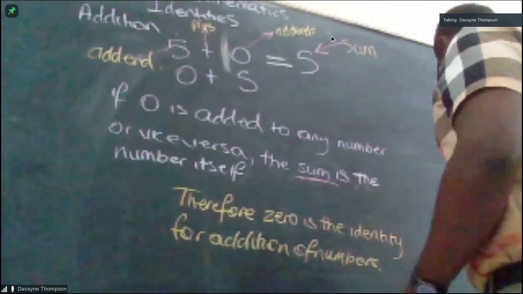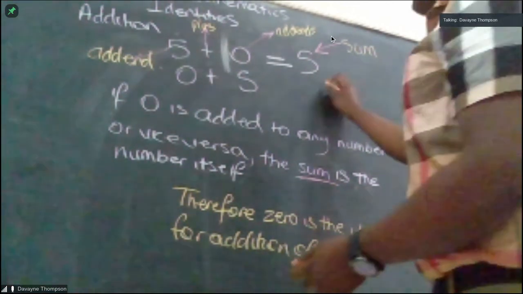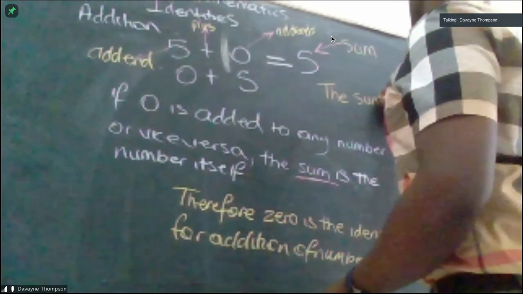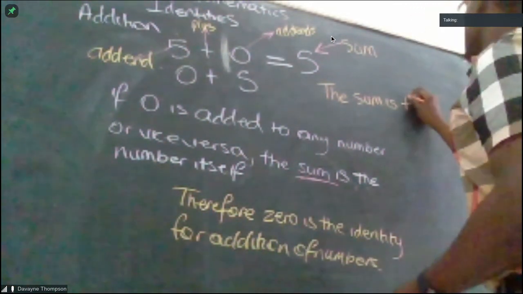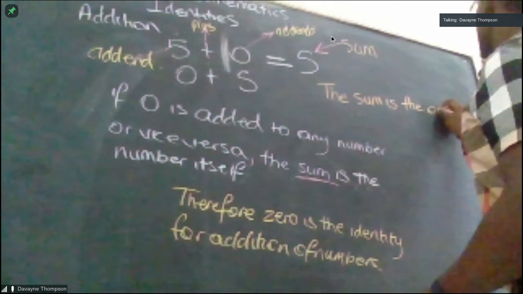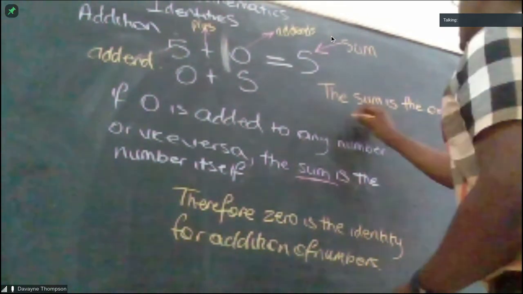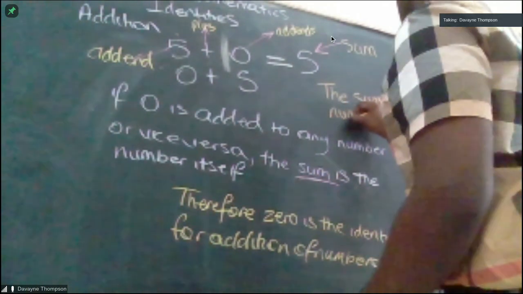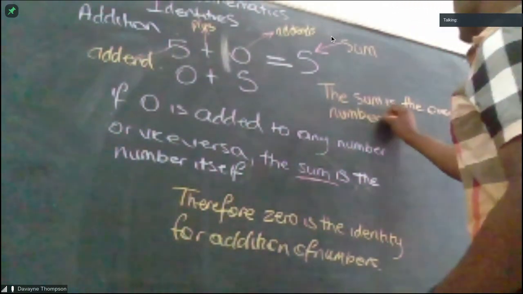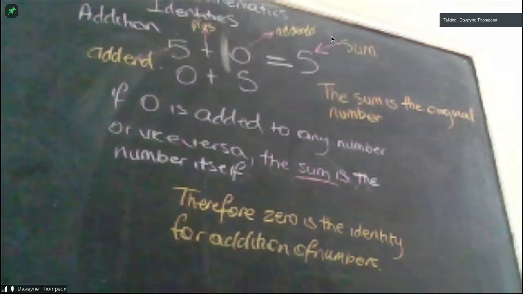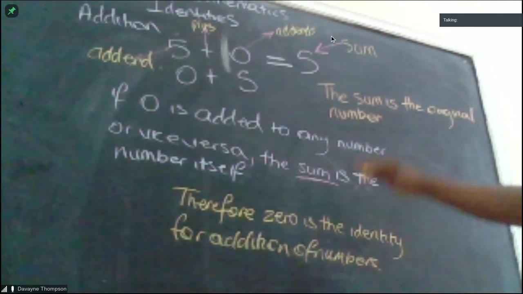The sum is the original number. Okay? Everybody understand? Yes, sir. So this is the identity for addition.